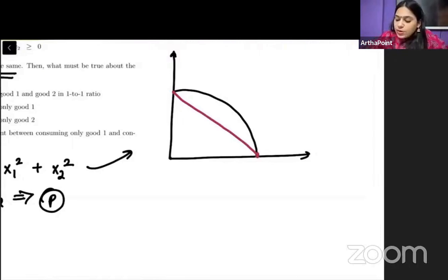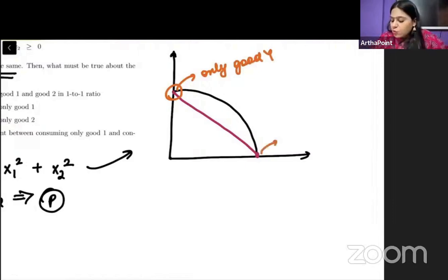So my equilibrium can either be at this point where I will consume only good Y, or at this point where I will be consuming only good X. I cannot have my equilibrium at the tangency condition because then I will be on a lower indifference curve. So suppose I just draw an IC tangent to the budget line, right? So that will happen at point E.